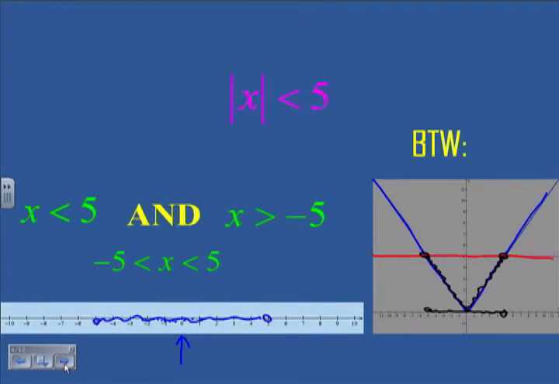You can say x is greater than negative 5 and x is less than 5. That is one proper way to say that. But you know the easiest way to say it? X is between negative 5 and 5. And I like that notation because it is exactly like it looks. The x numbers I'm looking for are between negative 5 and 5.